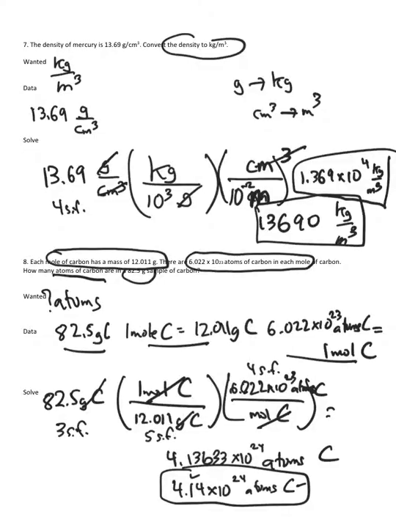Does the answer make sense? Atoms are really, really small. So even a small sample of carbon is going to have lots and lots of atoms. So 10 to the 24th certainly could be an answer that makes sense. If, however, we come up with an answer like 10 to the minus 24th, that answer would not make sense.